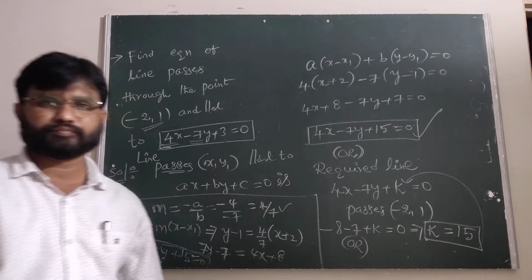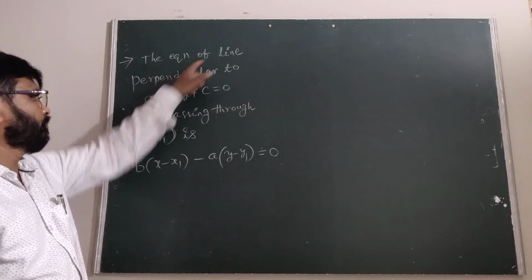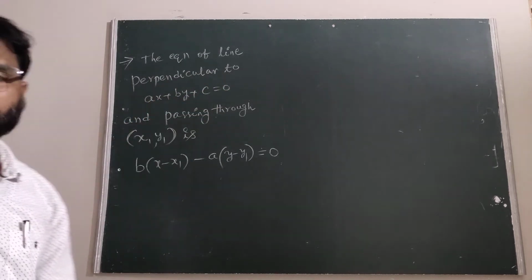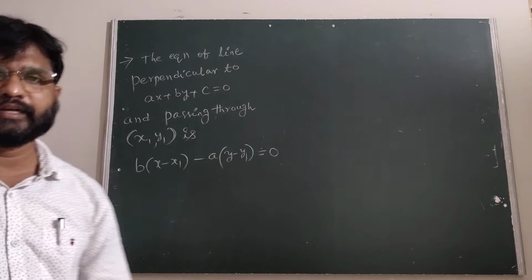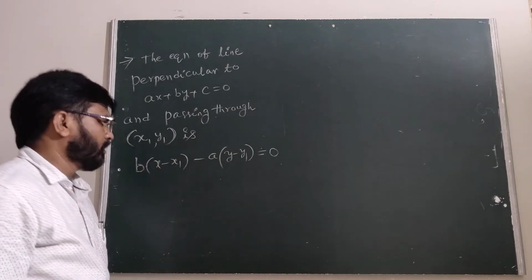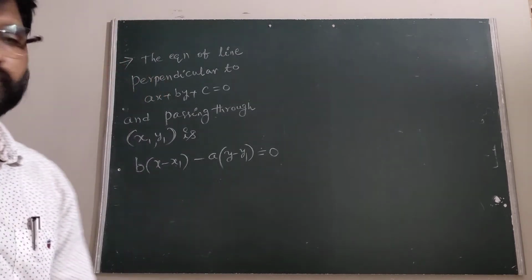Okay. So now the equation of the line perpendicular to ax + by + c = 0 and passing through the point (x1, y1) is b(x − x1) − a(y − y1) = 0.